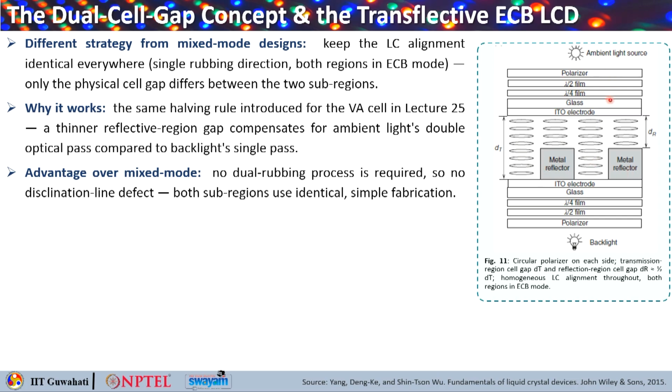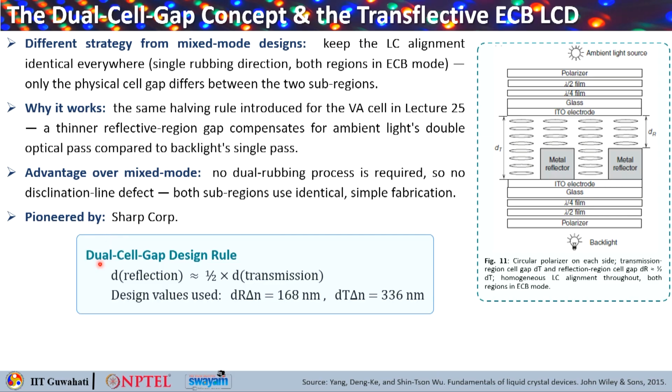The remaining layers of polarizer, half wave and quarter wave film remain exactly the same. The advantage you get here is that no dual rubbing process is required, so no disclination line defect. Both regions have identical and simple fabrication steps, and this was pioneered by the Sharp Corporation.